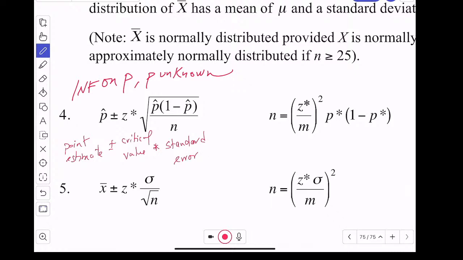And that will create an interval similar to x bar plus or minus 2s or 3s that demonstrates a C level of confidence that you capture a certain proportion of the observations.